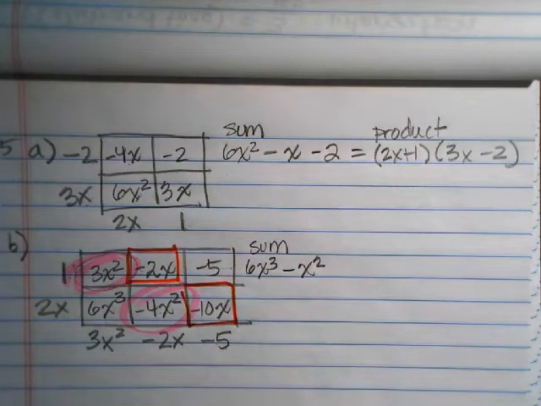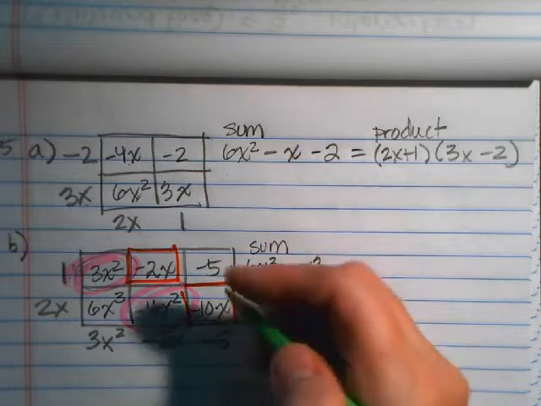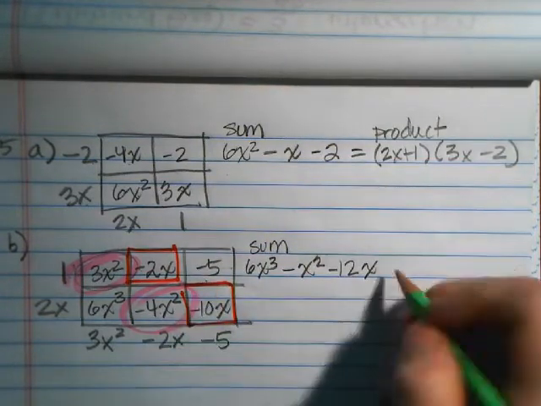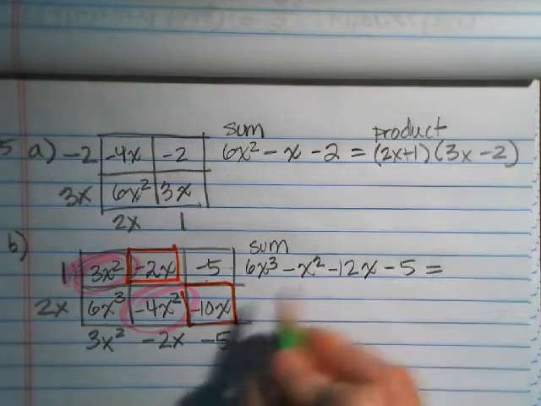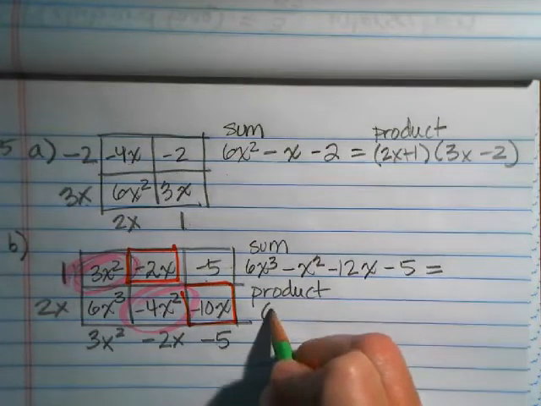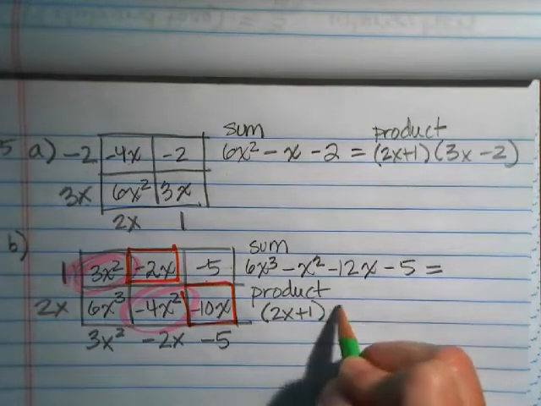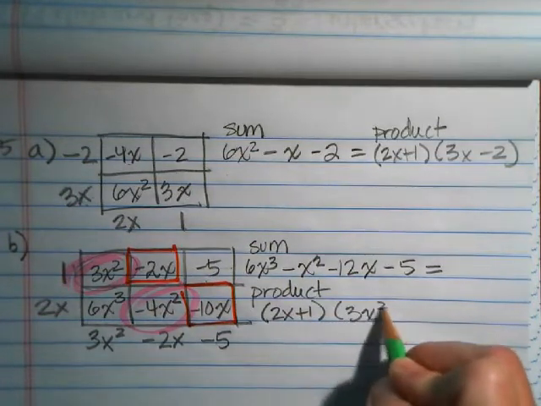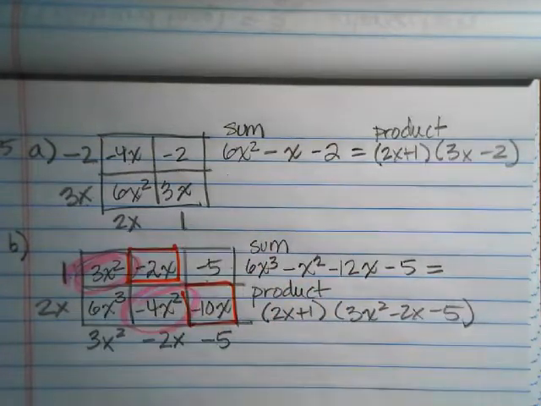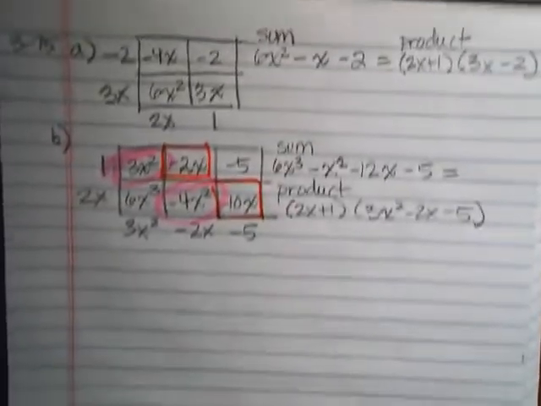Those are alike, so let's combine them. That's going to give me a negative 12x minus 5. There's the sum. The product would be 2x plus 1 times 3x squared minus 2x minus 5. And I do expect you to write all of this out, show your work. There is one like this on the Chapter 3 test. So there's an easy one to get right.